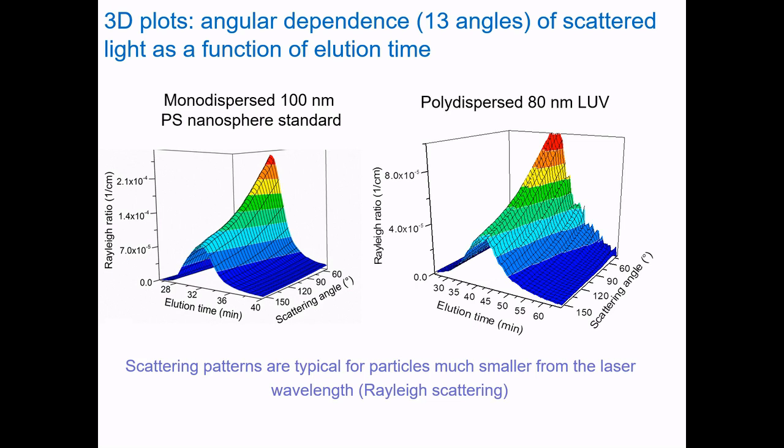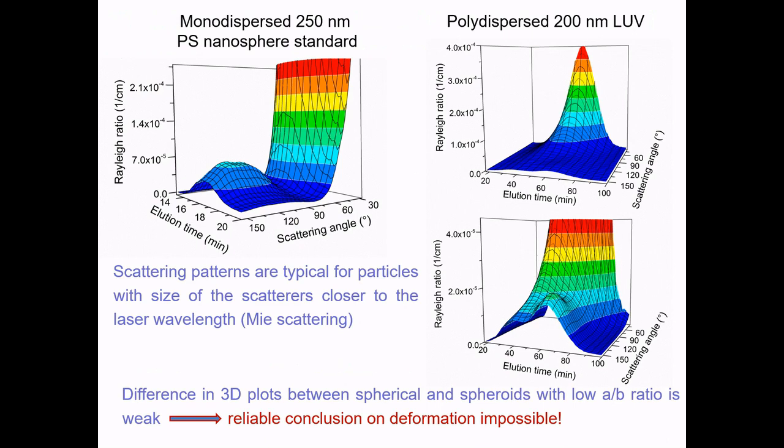The only difference between these soft particles is in the slope of the lines, which is due to their different sizes. Such light scattering patterns are typical for particles much smaller in size than the laser wavelength, and can be described by Rayleigh-Debye scattering functions.